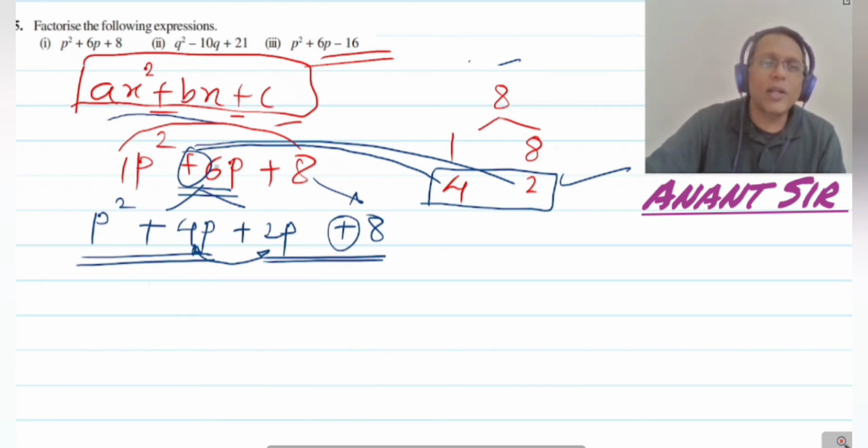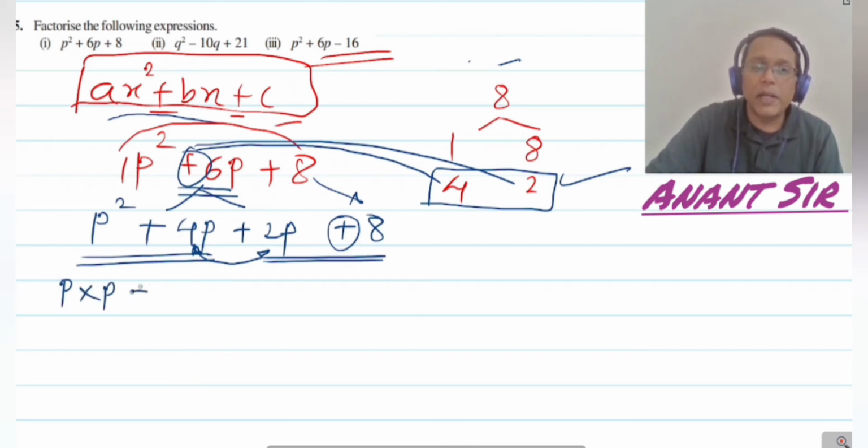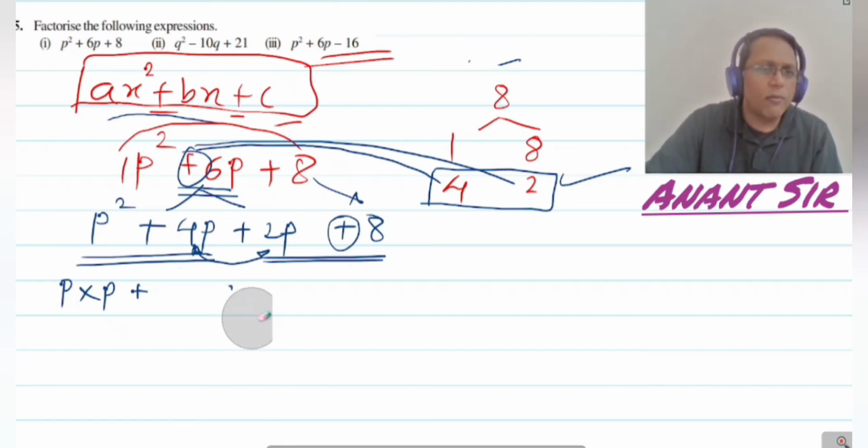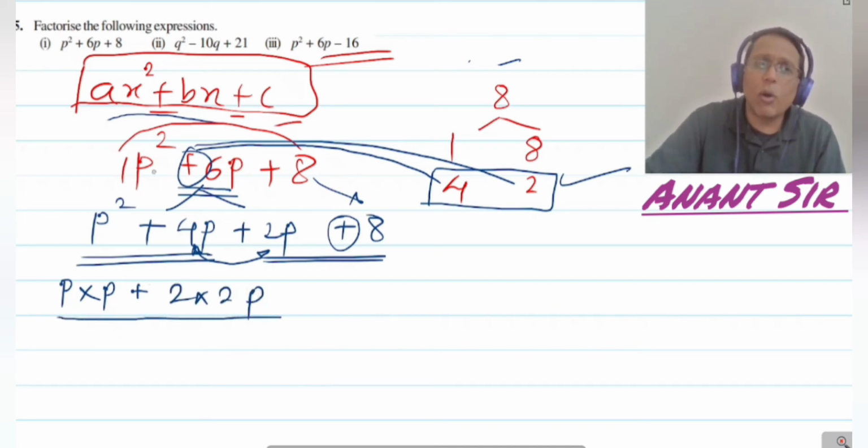So let's see what we can take common from the first 2 terms. p square can be written as p into p, plus 4p, I am writing as 4 into p. See, many students write 4 as 2 times 2. Okay, no problem, it's not wrong. But what is the use of doing this? See, what is common in the first two terms? Only p is common.